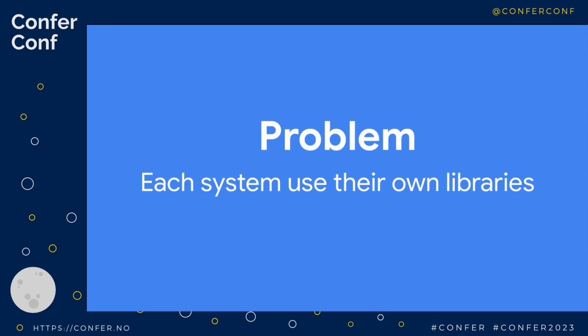But well, this is pretty nice and everything, right? But when you want to instrument an application, there are different ways. Let's imagine that all the instrumentation you can do is manual. So if I want to do metrics, I have to use this SDK. If I want to use logs, I have to use this other SDK. Also, if I want to use traces, I have a different library.